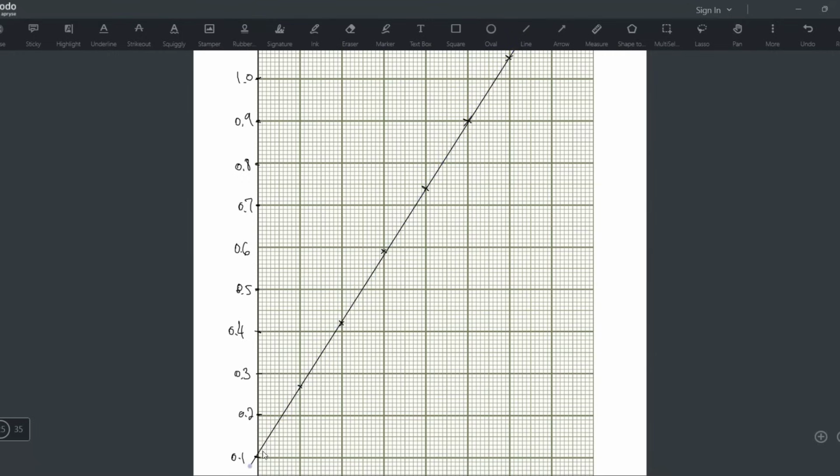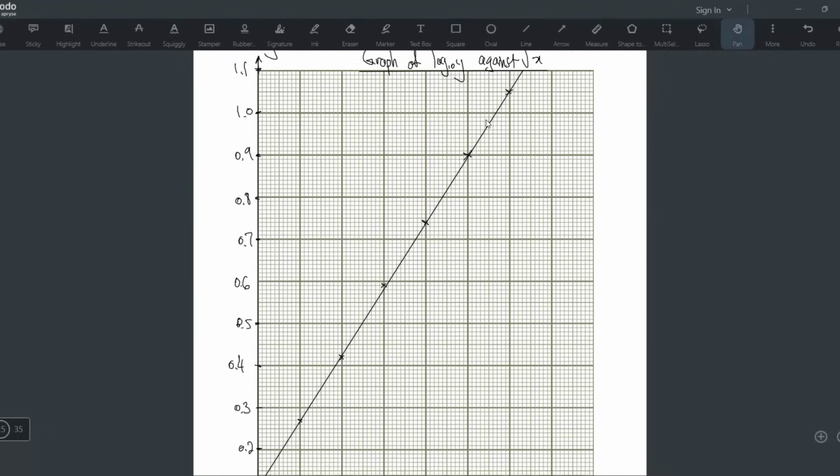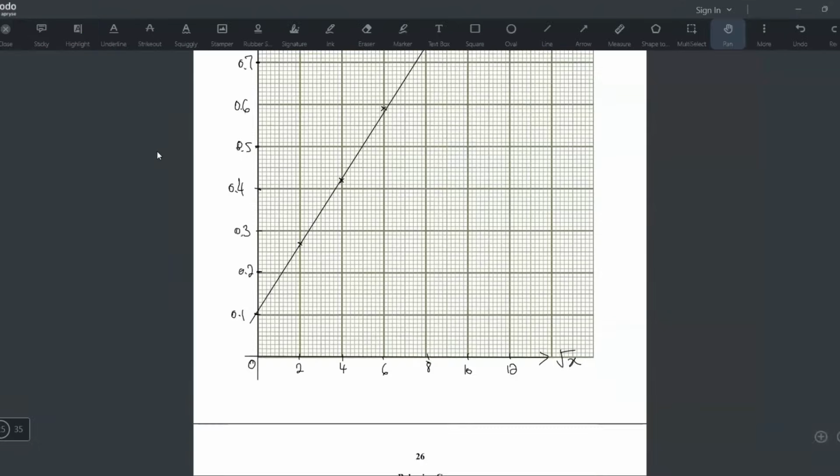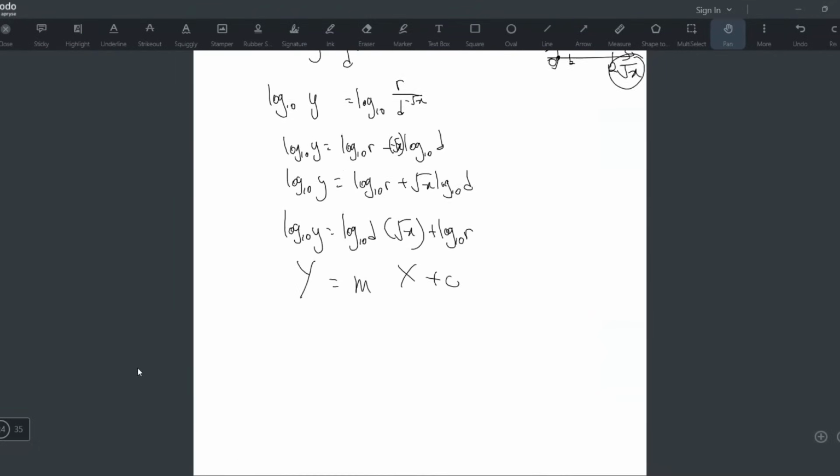So you can see that the line will touch all the points. Sentuh, sentuh, sentuh, sentuh, sentuh. Only the third point tak sentuh. That's why this is the line of best fit. Okay. Done with this part.